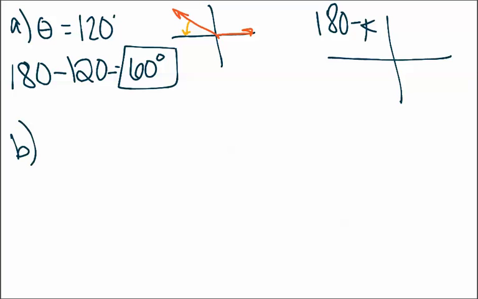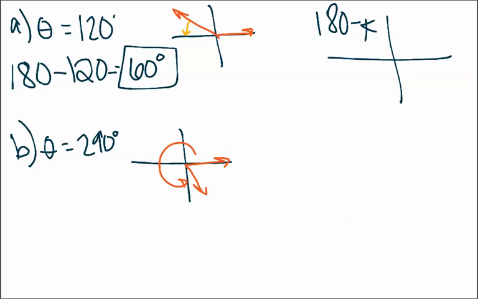So if we look at example B, my angle is 290 degrees. So again, let's go ahead and sketch that angle, 290 degrees. So 290 degrees is going to start at the positive x-axis. It's going to go past that 270 mark. So it's this whole entire angle here. So what I'm looking for is how many more degrees do I have to move until I get to the x-axis?